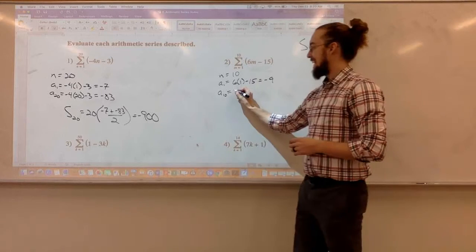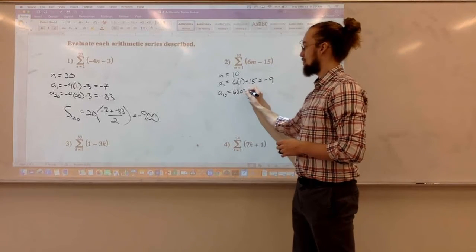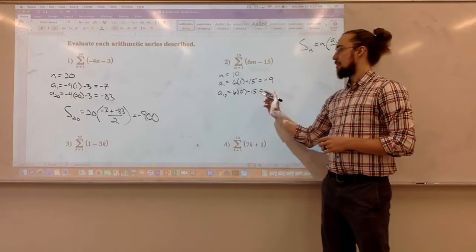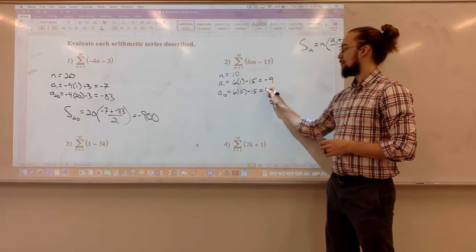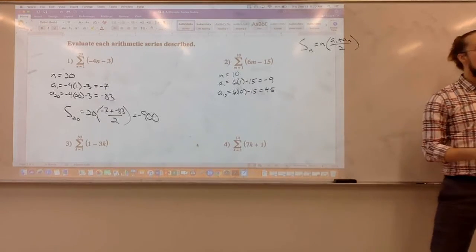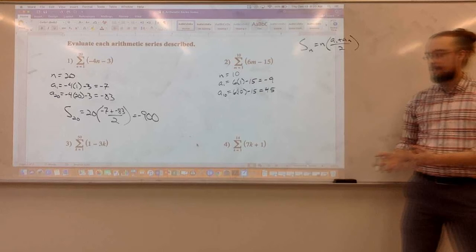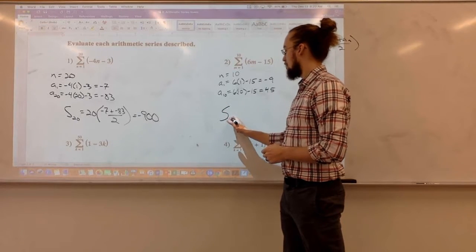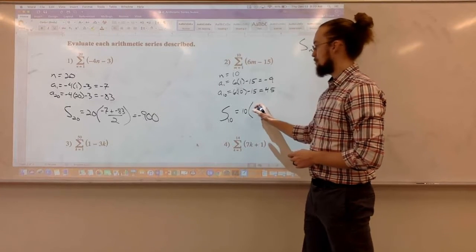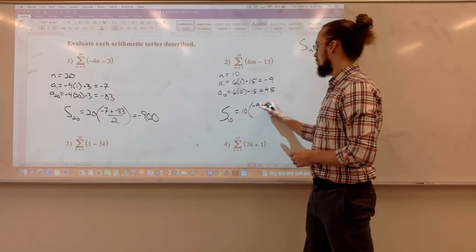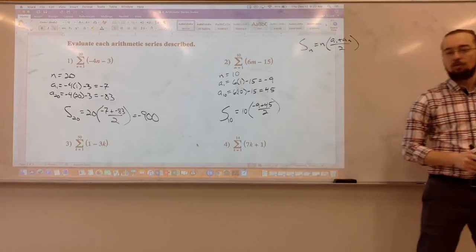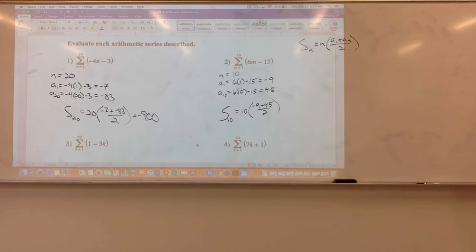Then if I plug 10 into my rule, 6 times 10 minus 15 would be 60 minus 15, which is 45. So now I have all of the information I need. My S sub 10 will be 10 times negative 9 plus 45 over 2.